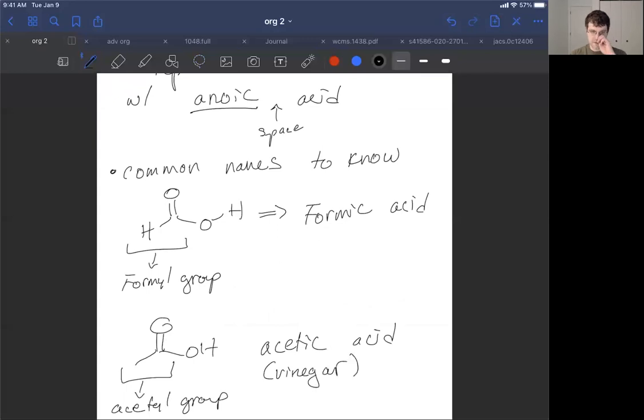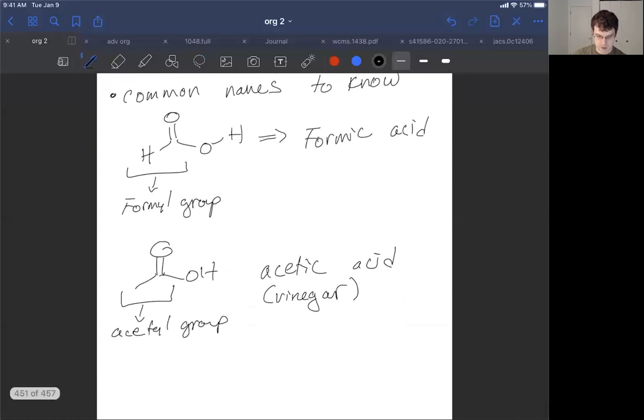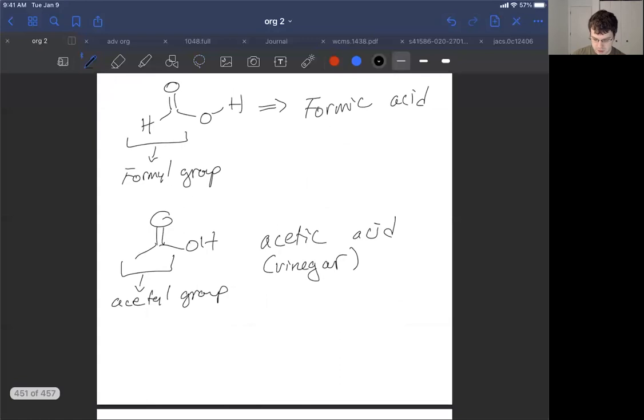And that's just vinegar, a common molecule we see everywhere. Formic acid is the poison that fire ants use. Benzoic acid is another common acid that just has a benzene ring attached to the carboxylic acid. And we've seen that before, so that's benzoic acid.